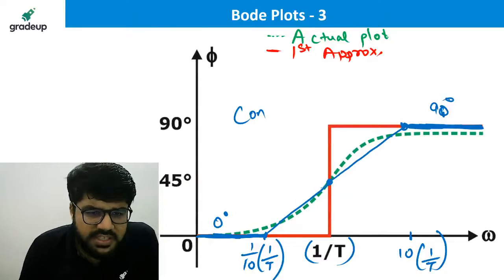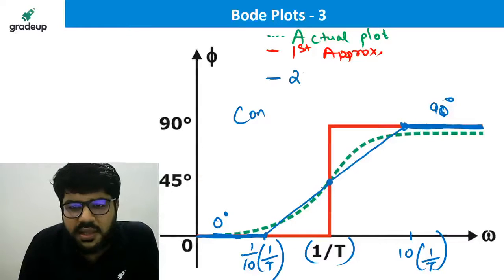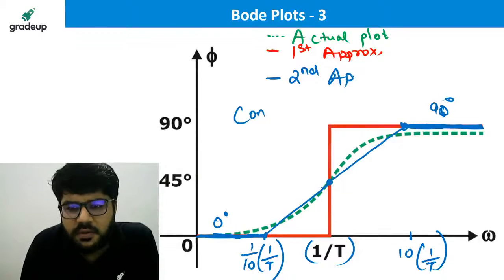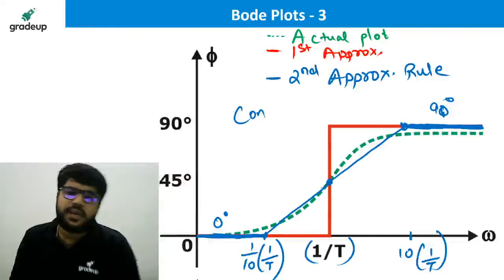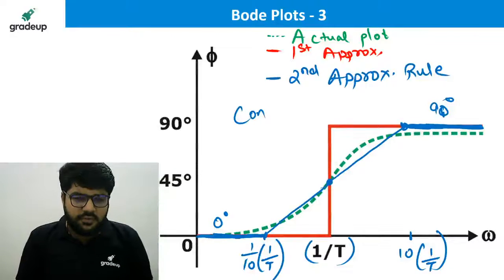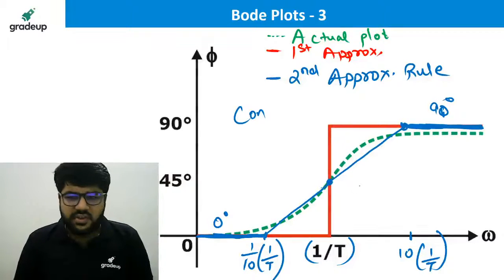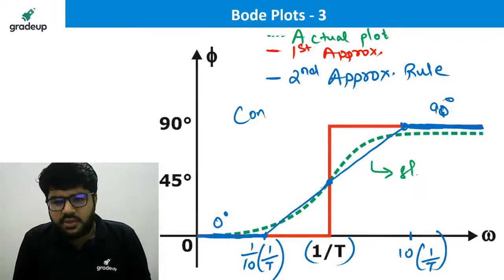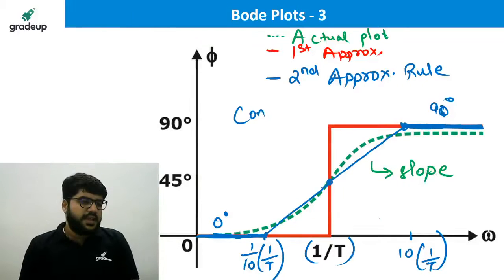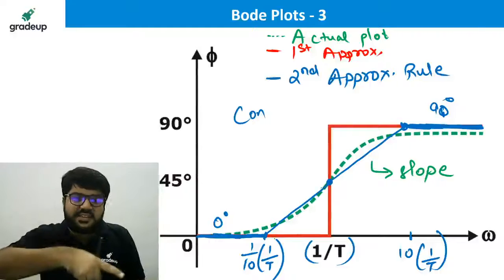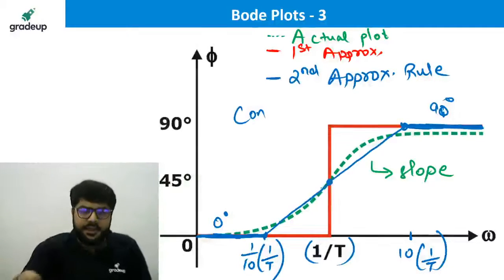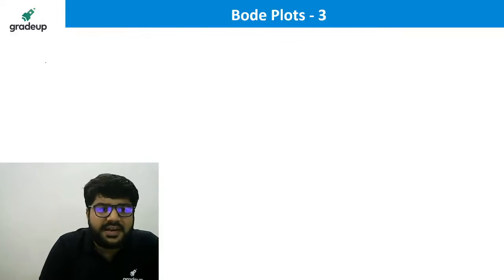And the blue one which I have sketched right now is according to the second approximation rule. First of all, to proceed forward, let us try to find the slope. Every straight line has a slope. So what is the slope of that linear line which is joining the 0-degree and the 90-degree? What is the slope of that linear line?